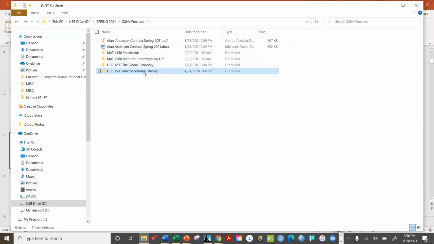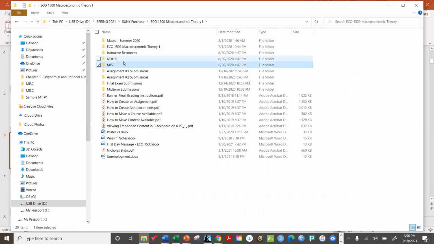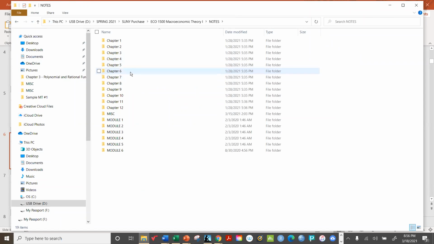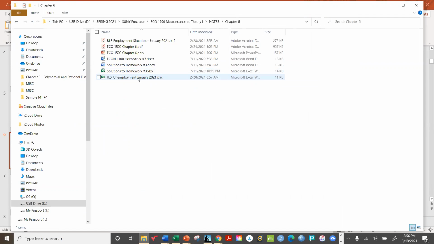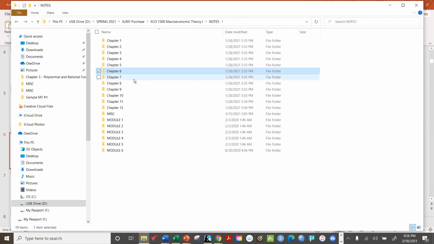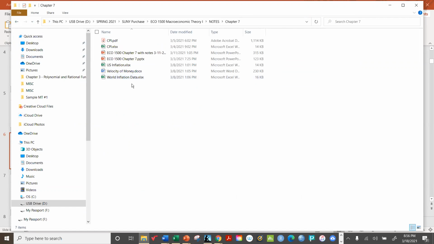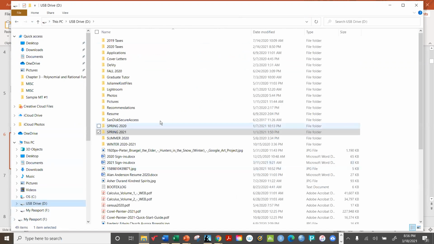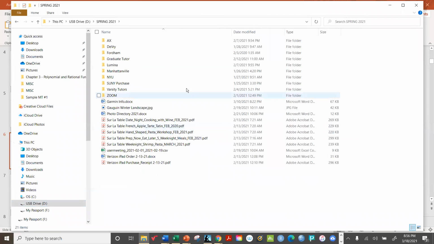It was macro class, where I looked up the current CPI for the US. Here we go. I'm going to copy these into our folder so that I can post them on Blackboard.